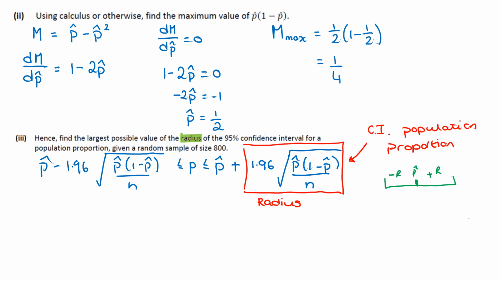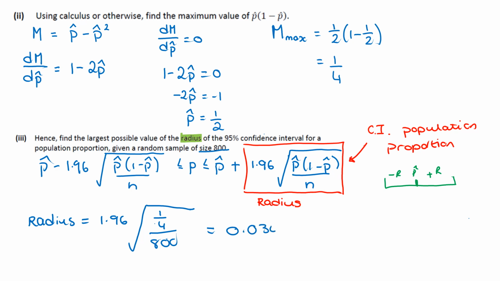So we're trying to find the largest possible value, and the largest possible value of the radius will happen when that top line is maximized. So 1.96 square root of, we've already maximized that top line and figured out that it was a quarter over n, which is 800. They've told us the sample size is 800, and when you work with that, that works out as 0.03464.